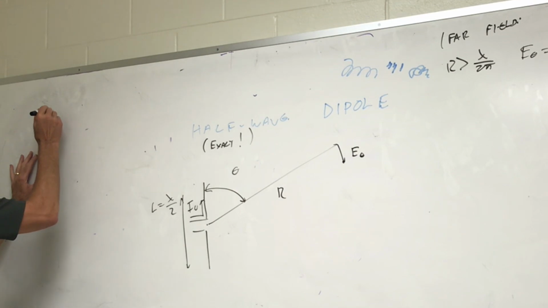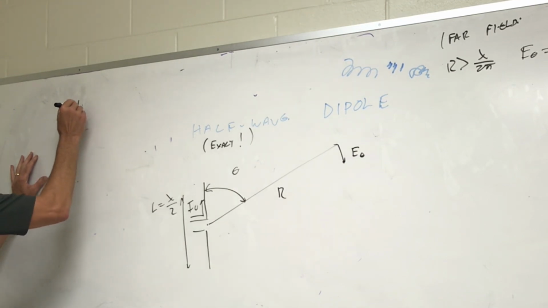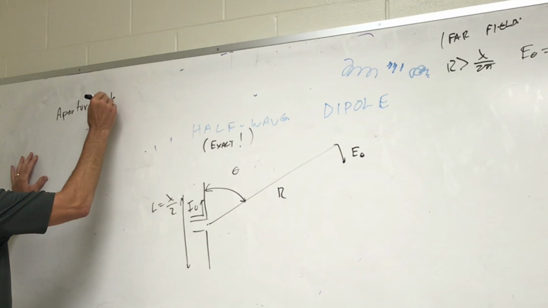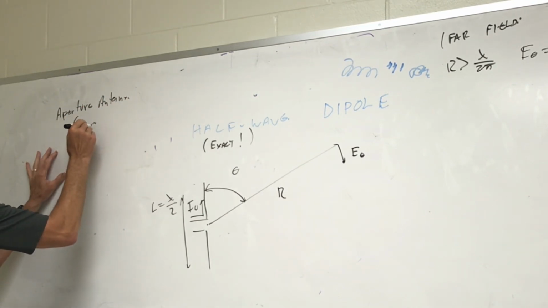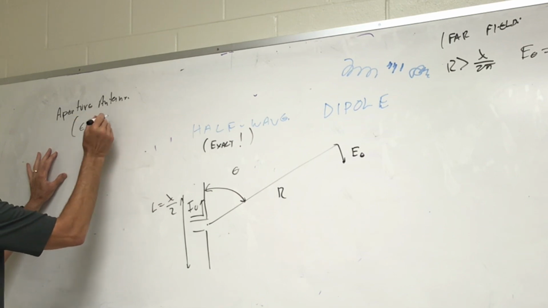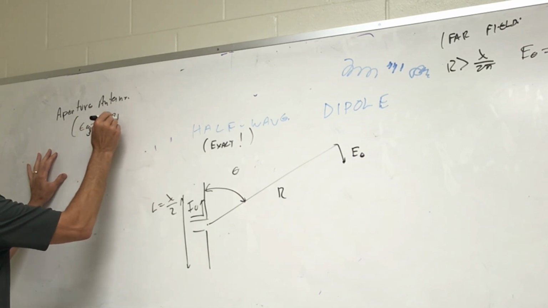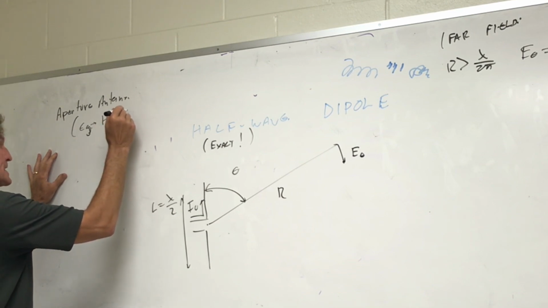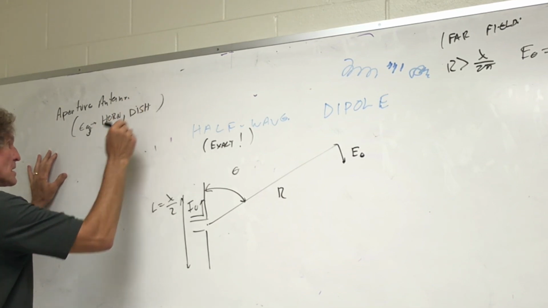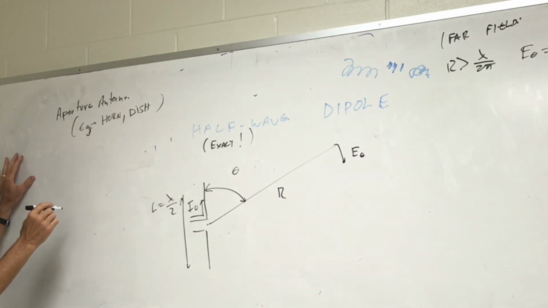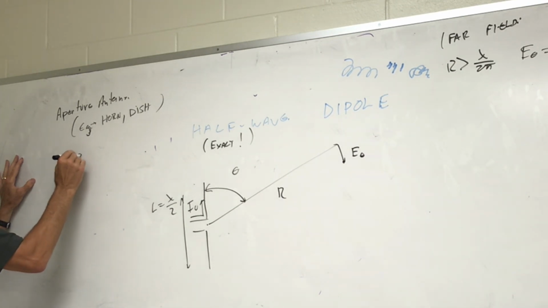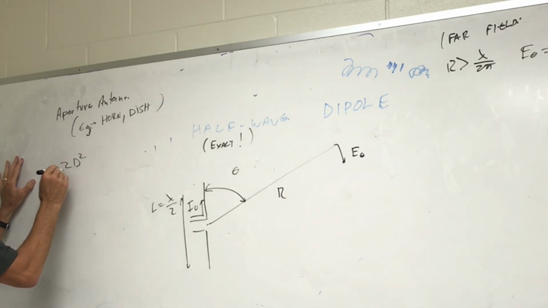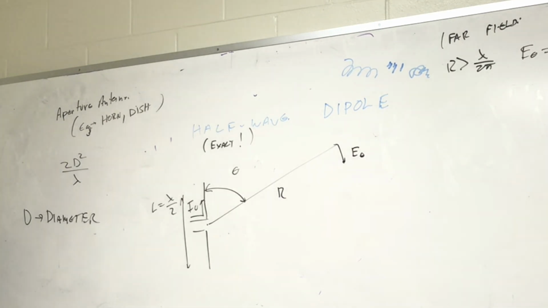If you have an aperture antenna, and I'll give you an example, horn or dish antenna, all right, then it's equal to 2 D squared over lambda. We're talking about far field, but it's for an aperture antenna.